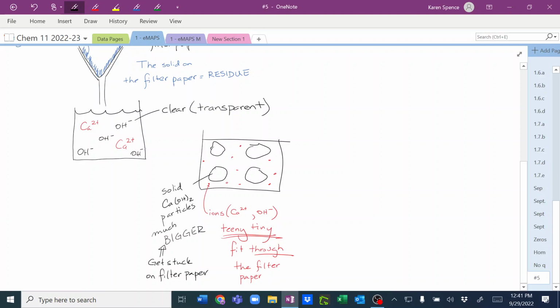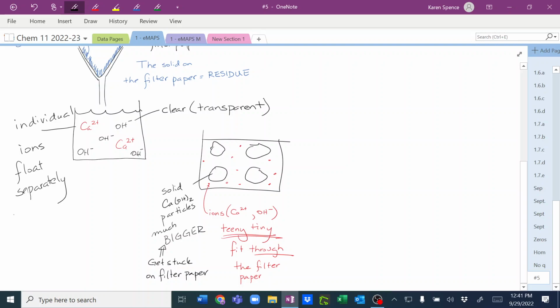So now we have this clear, transparent solution with individual ions floating separately. Are they big enough to scatter the light?